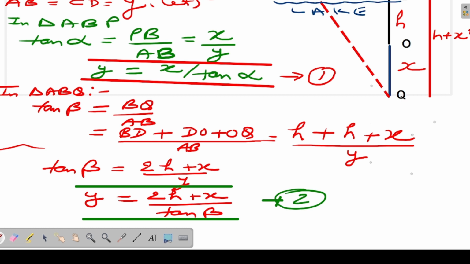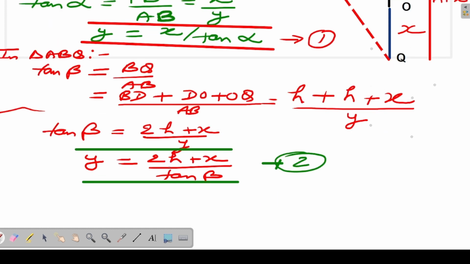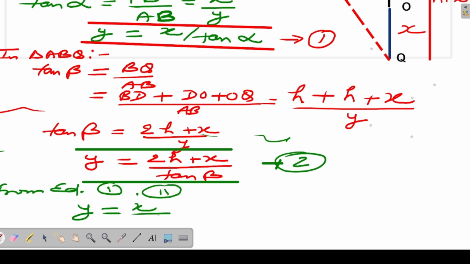Do one thing, just equate the values of the width of the lake, that is y, from equation number 1 and equation number 2. What we will write? From equation number 1 and 2, y is equal to x by tan alpha.